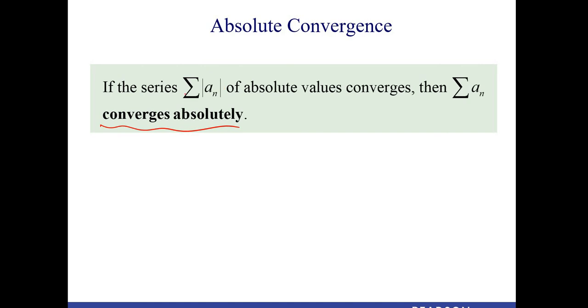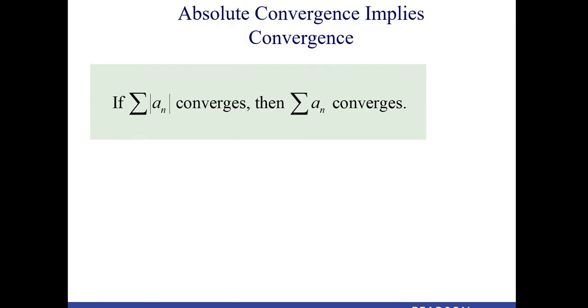So if we can prove that the series with the absolute value around it converges, then the original series converges absolutely. And if the absolute value converges, then we can also say that ours converges. So if we prove it converges absolutely, then it also converges. So that's another way we can prove convergence.